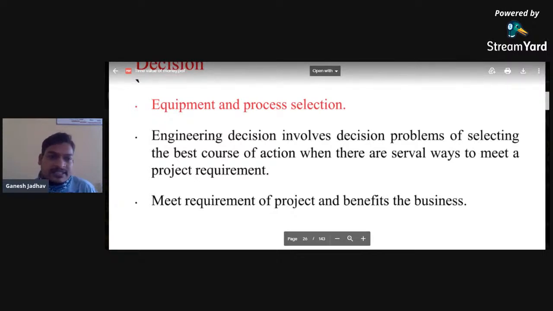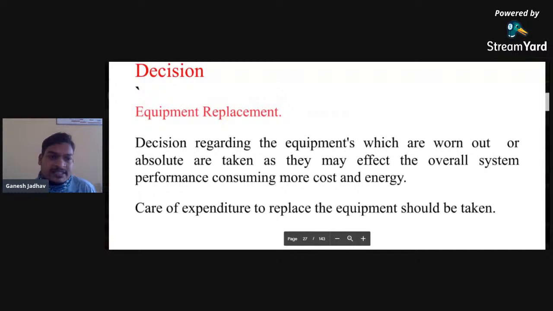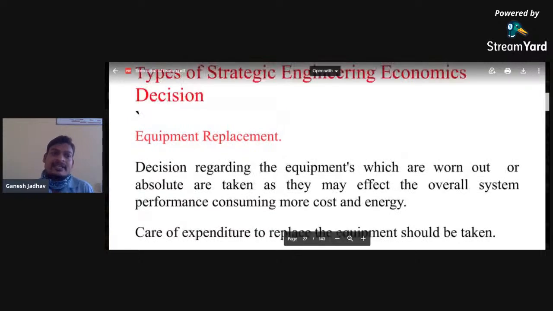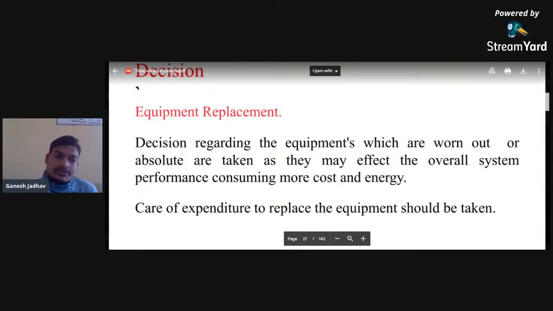Then another one is equipment replacement. Why is it required to replace the particular equipment? Because this is the strategy to replace the particular equipment. Decisions regarding equipment which is worn out or obsolete are taken as it may affect the overall system performance or consume more cost and energy also.